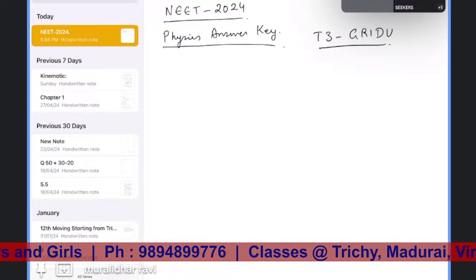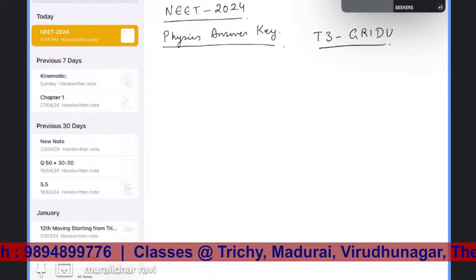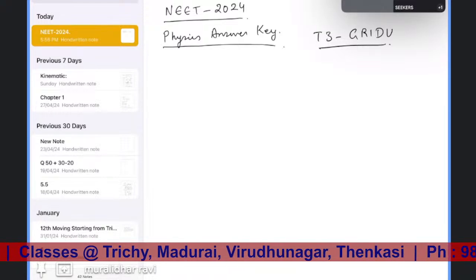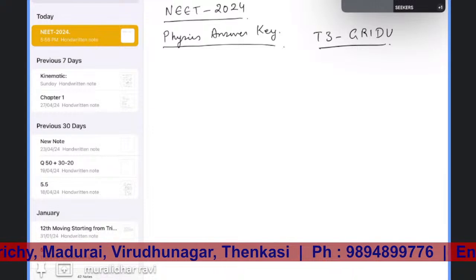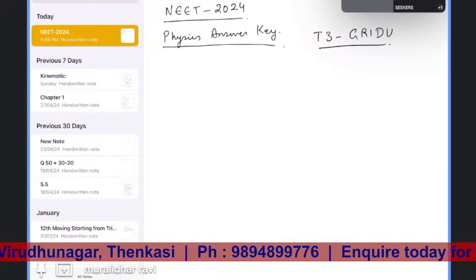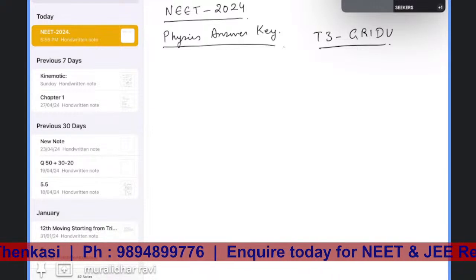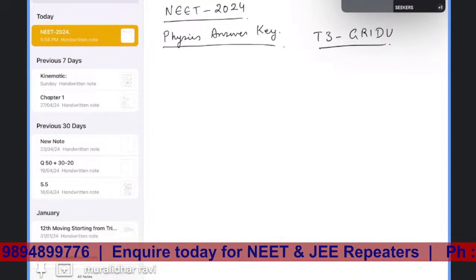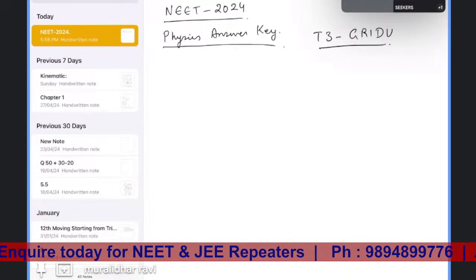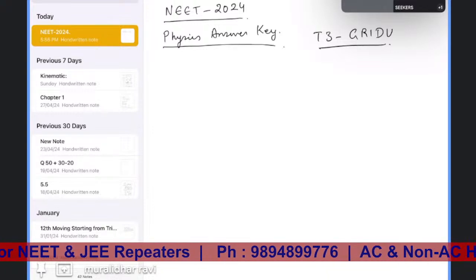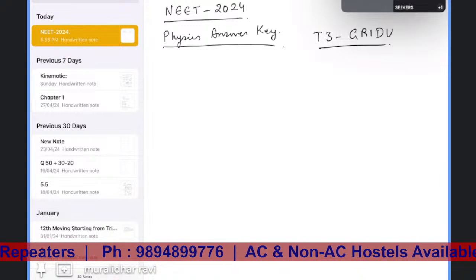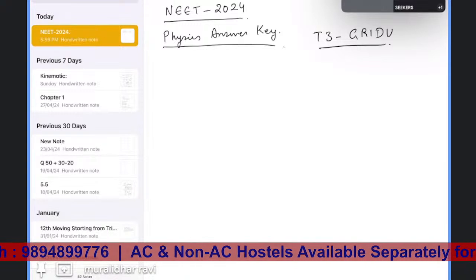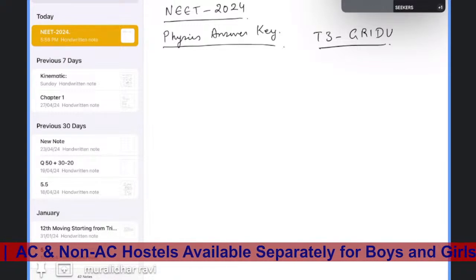When I look at the first 10 questions, the first question is a tightly wound 100 turns coil of radius 10 centimeters carries a current of 7 ampere. The magnitude of the magnetic field at the center of the coil. There is no indication whether this is a solenoid or a toroid. If it's a solenoid, we need the number of turns per unit length. The length is not given.